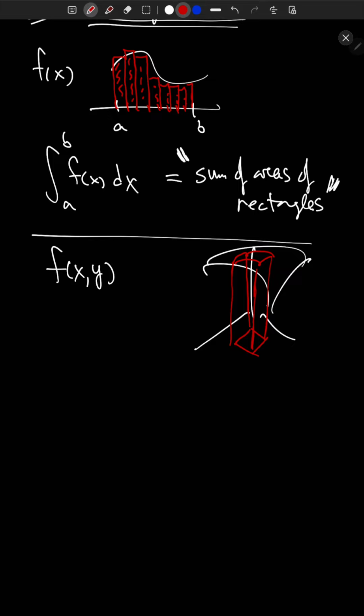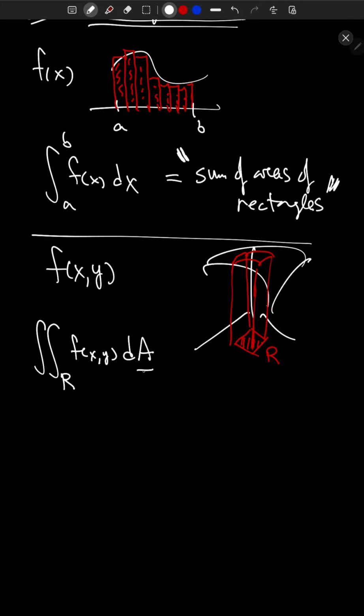And the integral over the region, we're going to call the region R, over the region R, f of x comma y, dA. That's going to be the volume under the graph of f of x comma y. So instead of area, of course, it's going to be volume.